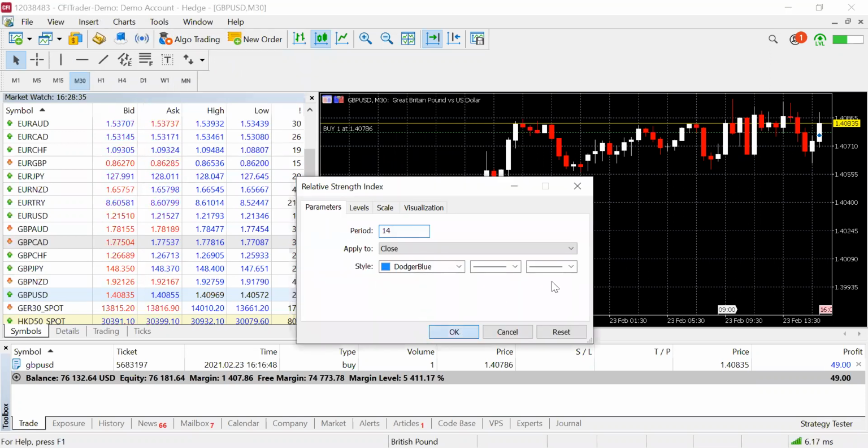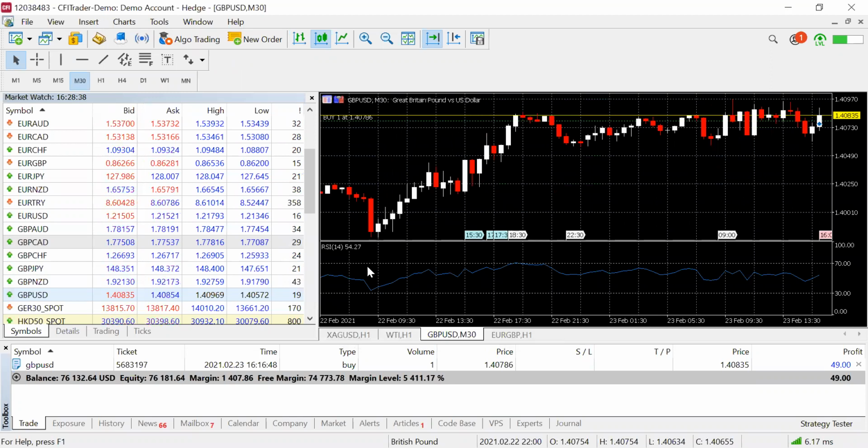Then you put this indicator here, and it will pop up here. This indicator, guys, in case you don't know, is very, very popular as well, the RSI. That's how people refer to it. It helps you evaluate the current strength of the market, or at least for that particular product, in this case, the pound sterling and US dollar.